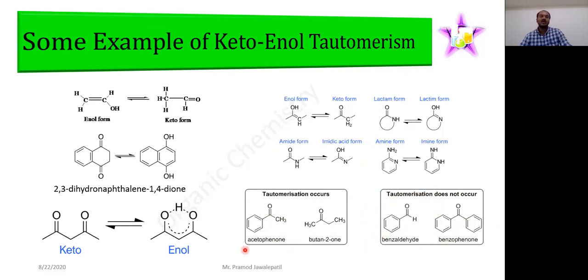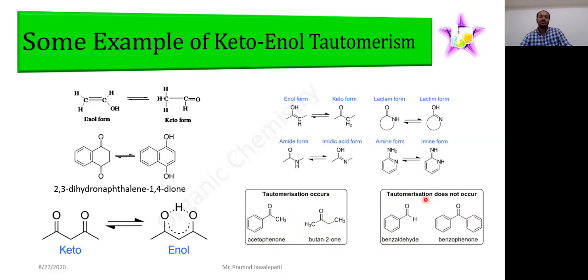It must require alpha hydrogen for tautomerization. If alpha hydrogens are absent, then how can tautomerism be possible? So, in acetophenone and butan-2-one tautomerism occurs, but in benzaldehyde and benzophenone it does not occur.